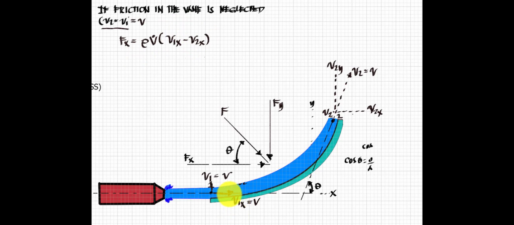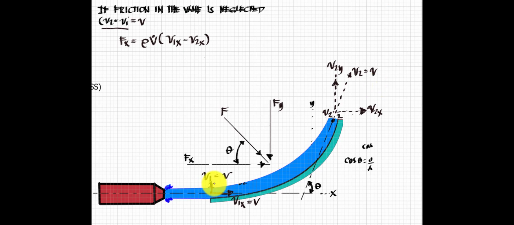So for this one, we'll put an arrow here to show the direction, the x component of the velocity of your jet, then the velocity at point 2 at its x component.